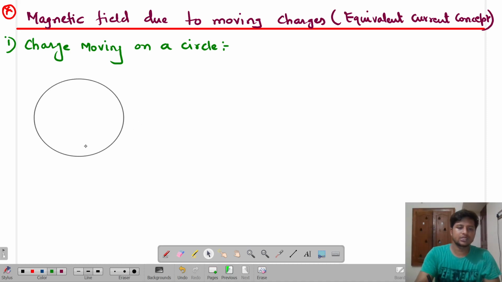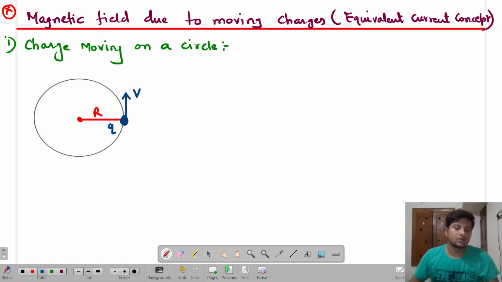So look over here. If the charge is moving in a circular way, what will happen? Let's suppose the radius of the loop is r, and there is a charge q over here, which has some velocity in the forward direction, tangential to the circular loop.